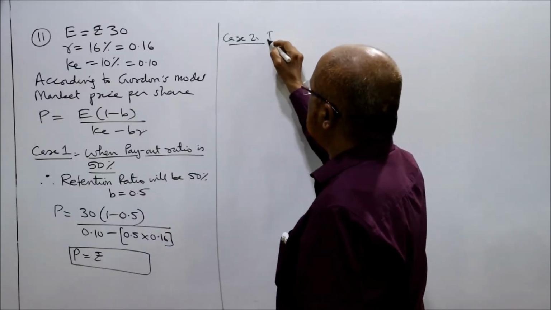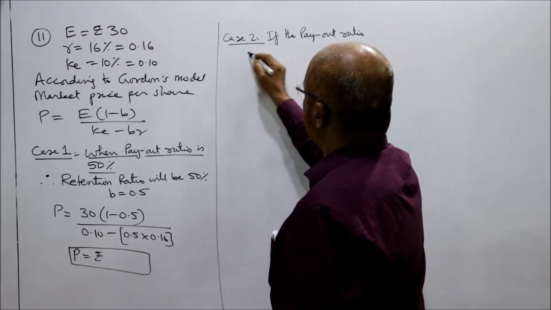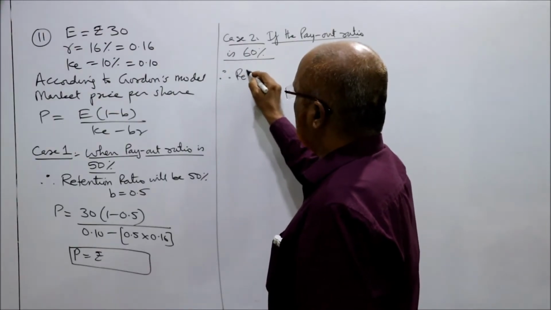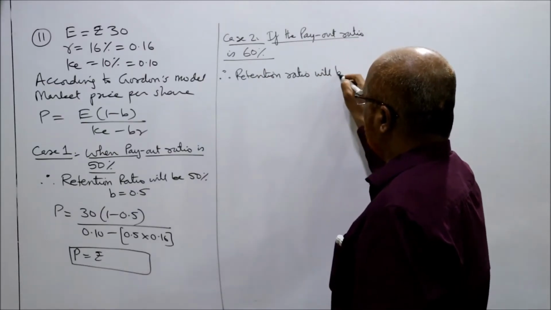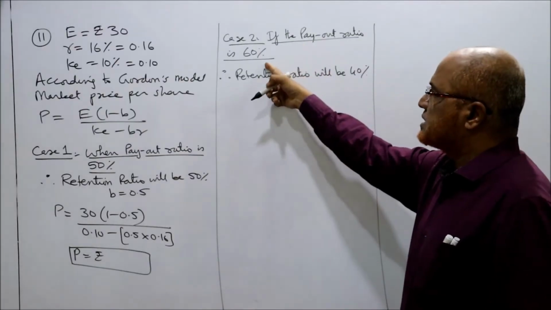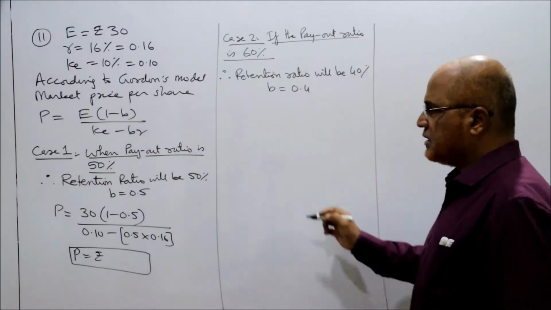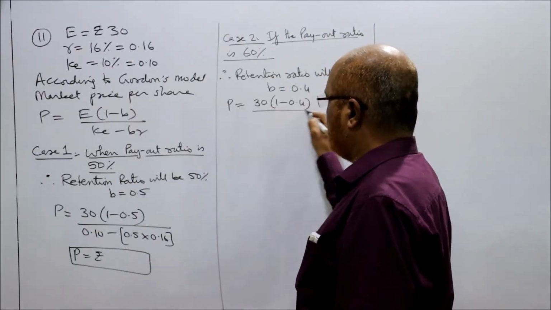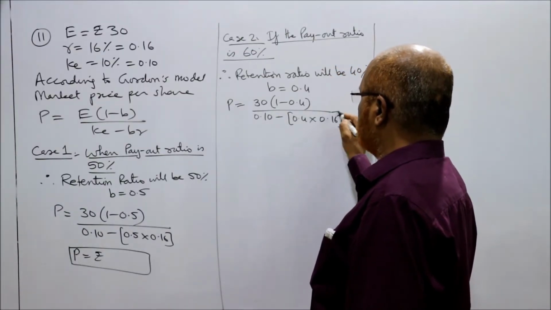If the payout ratio is 60%, therefore retention ratio will be 40%. If you take payout ratio as 60%, retention ratio will be 40%. So B is equal to 0.4, right? So P is equal to 30 into 1 minus 0.4 divided by 0.10 minus BR. That's it.